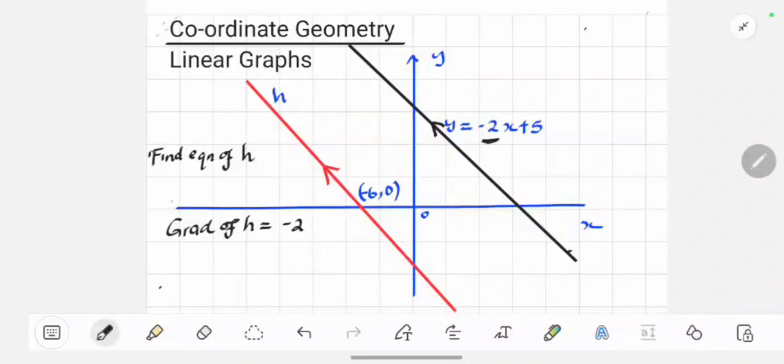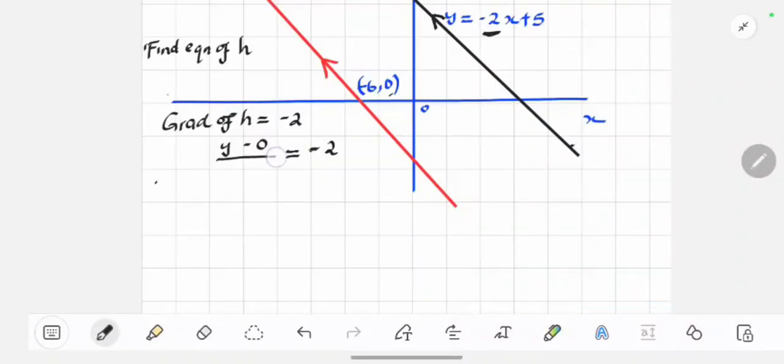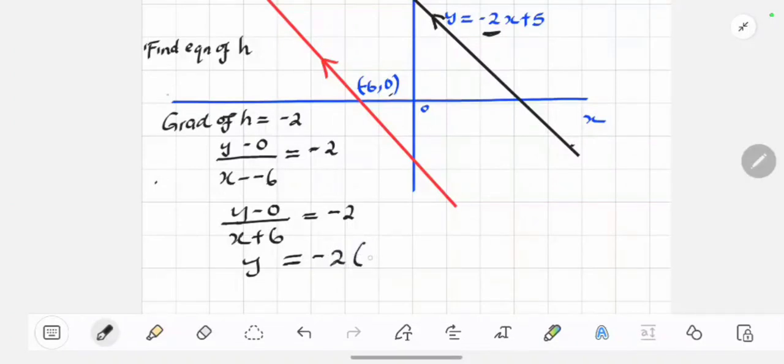So parallel lines have got the same gradient. So now to find the equation of line H, we need to say y minus 0 over x minus minus 6, which is y minus 0 over x plus 6 equal to minus 2. So y is equal to minus 2 bracket x plus 6.